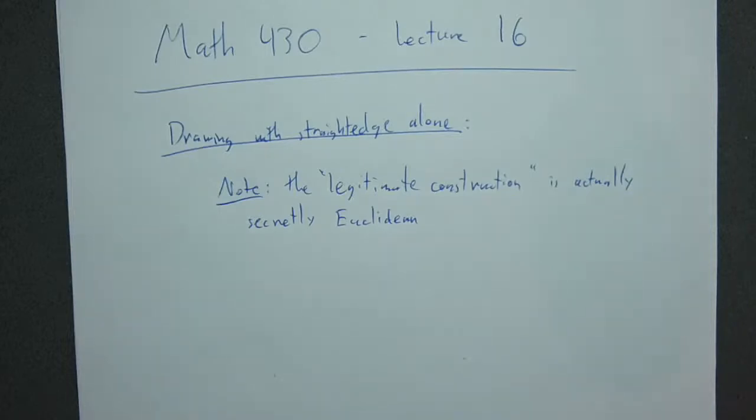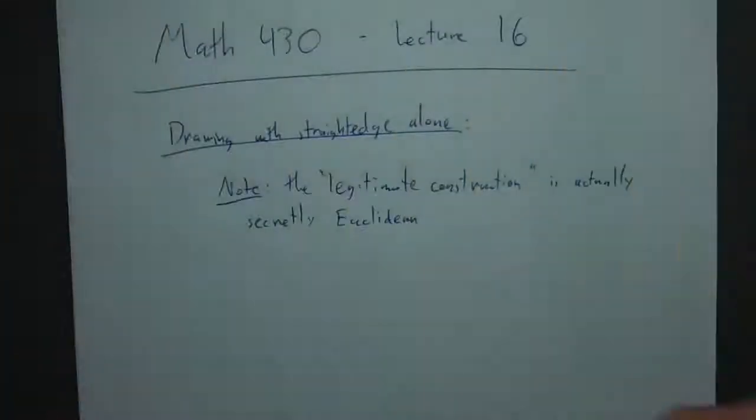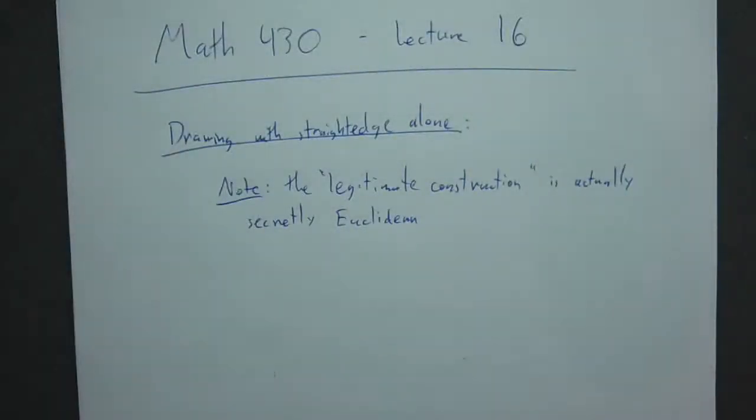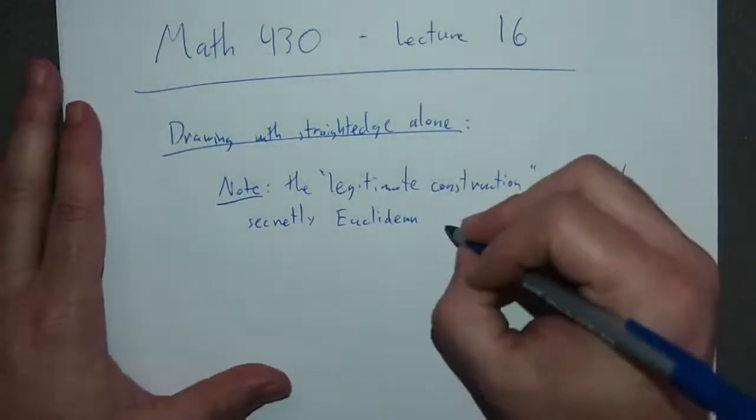So in the legitimate construction, the starting point, just to remind you again, were equally spaced points on some line, right? Well, using straight edge alone, I can't draw equally spaced points, right?